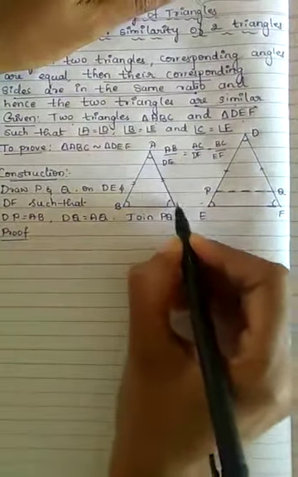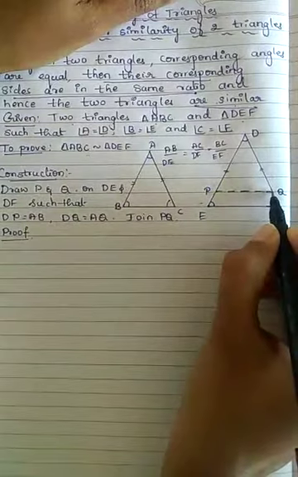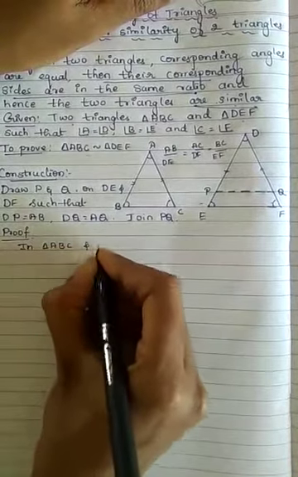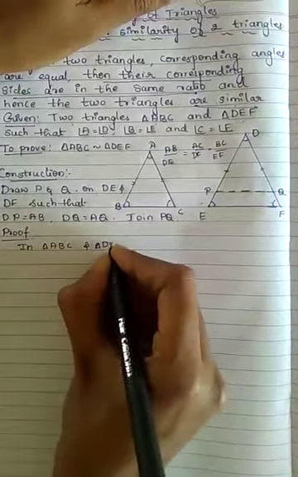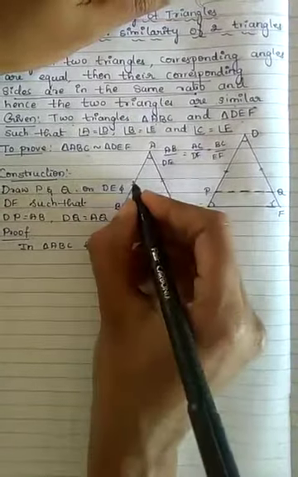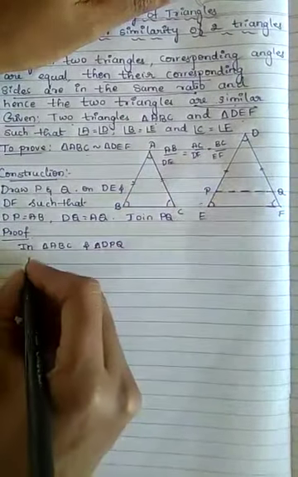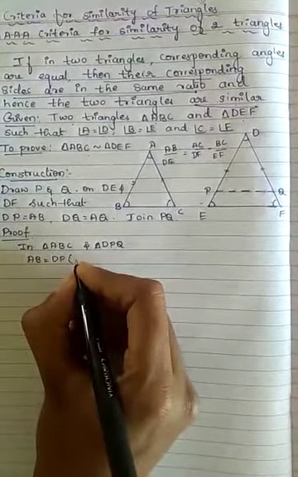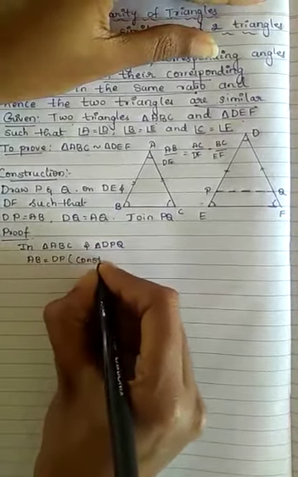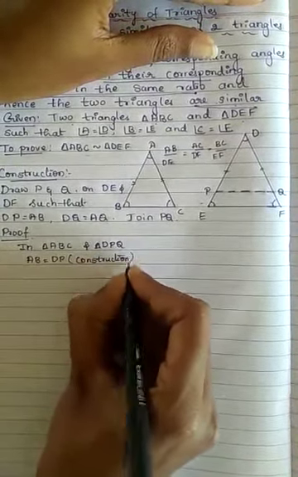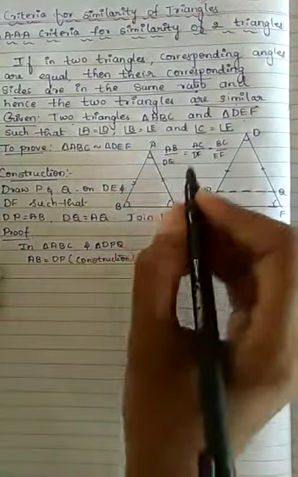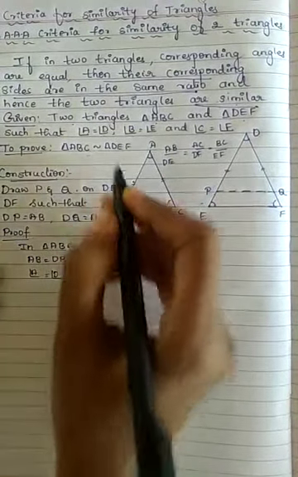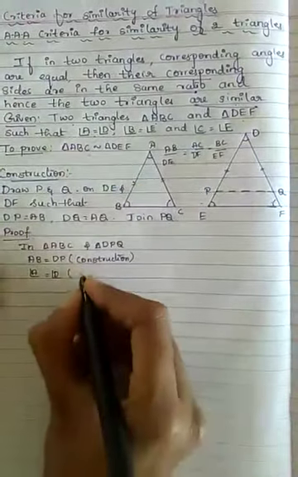Okay, next the proof part. I have taken these two triangles ABC and DPQ. In triangle ABC and triangle DPQ, AB is equal to DP by construction. Angle A is equal to angle D. Why? It is given.